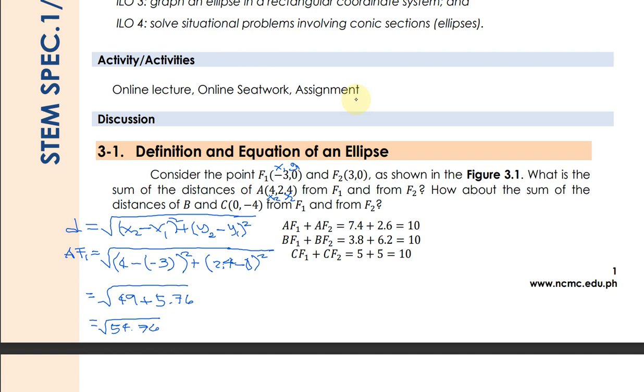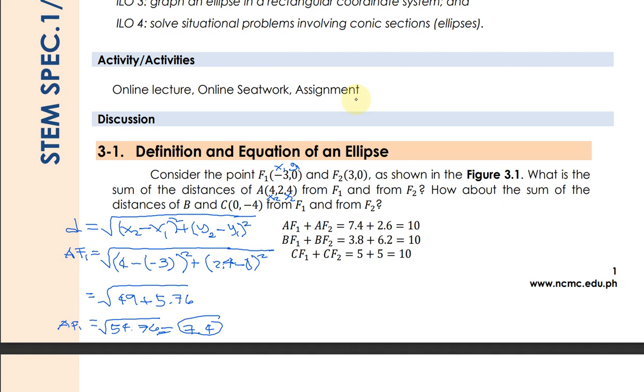So since naman ni square root, so ato siyang square root ni 54.76, the answer there is 7.4. So the answer here is 7.4. So this is the distance sa imong AF1. So 7.4. How about the distance sa imong F2?